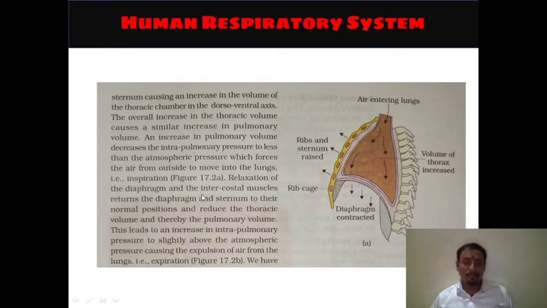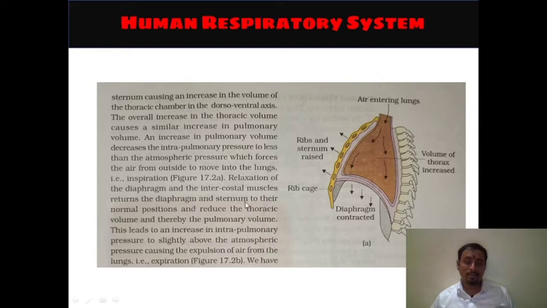Then relaxation of the diaphragm and the intercostal muscles returns the diaphragm and sternum to their normal positions and reduces the thoracic volume and thereby the pulmonary volume. This leads to an increase in intrapulmonary pressure to slightly above the atmospheric pressure, causing the expulsion of air from the lungs.